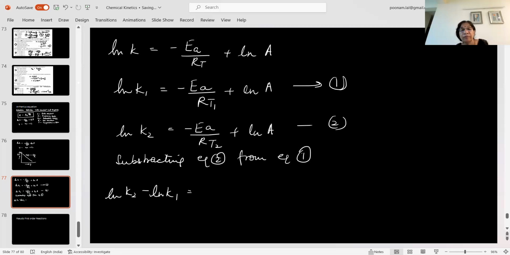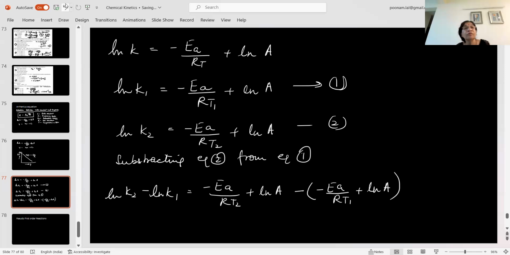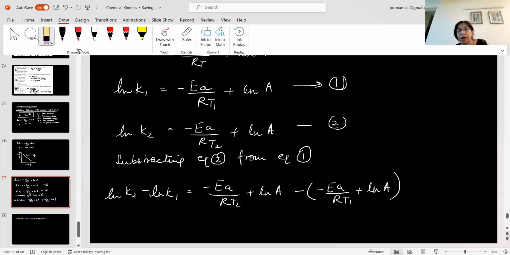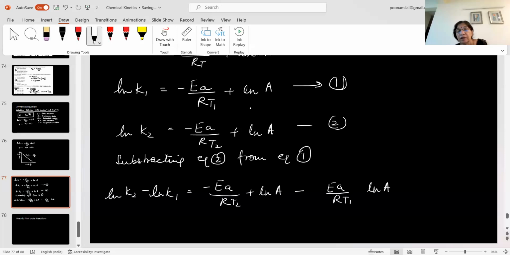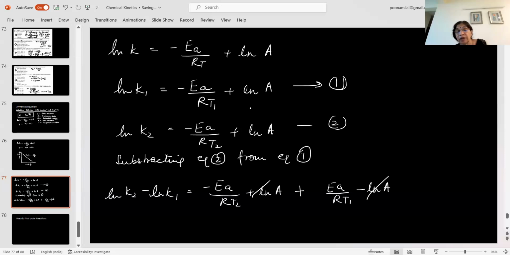So minus EA by RT2 plus ln A, minus, this will become plus, so minus EA by RT1 plus ln A. When I open the bracket, this will become plus and this will become minus. So I'll make this as plus and this as minus. So this and this will get cancelled.